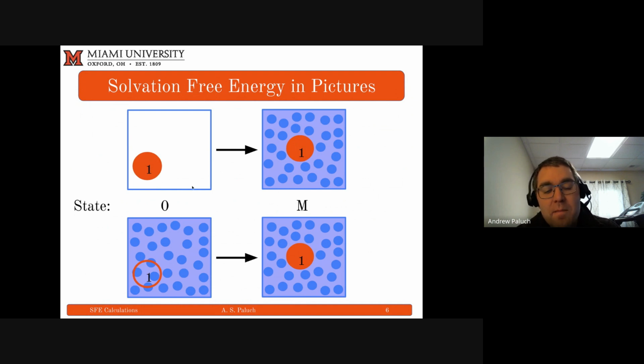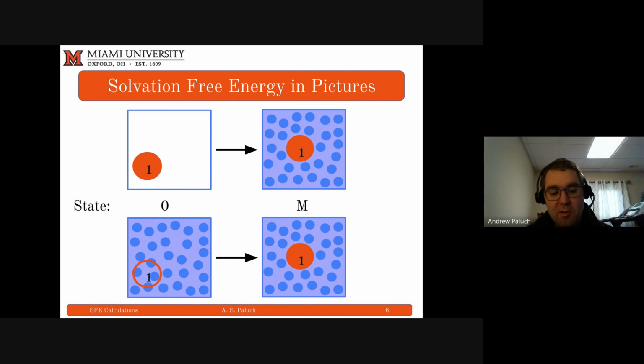So how we model this ideal gas phase in reality when we're actually performing our solvation free energy calculations is we're going to set up our calculations so that our reference state, where we have our solute in a non-interacting ideal gas state, is depicted like this.